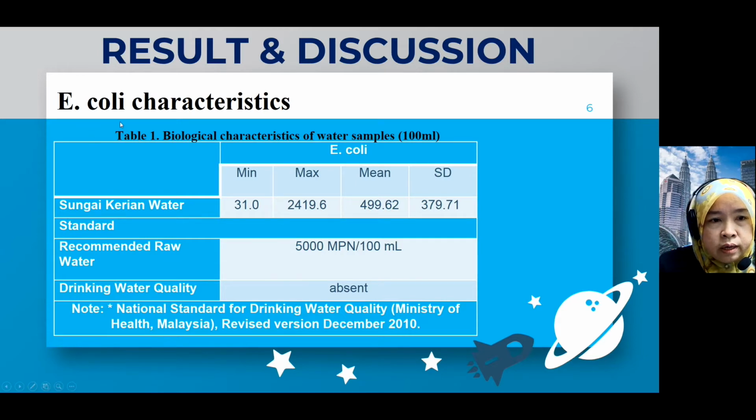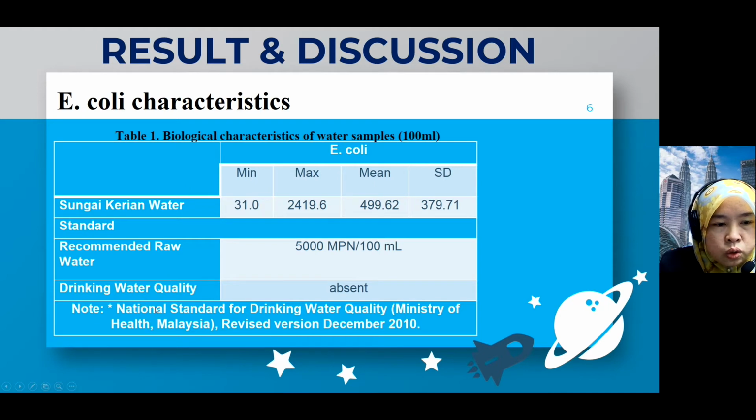For E. coli characteristic, the biological characteristic of the water sample at Sungai Krian: the concentration of E. coli is 2,419.6 MPN per 100 ml.